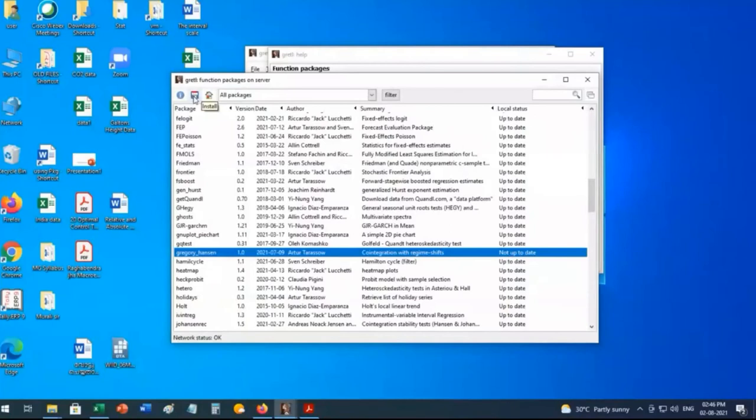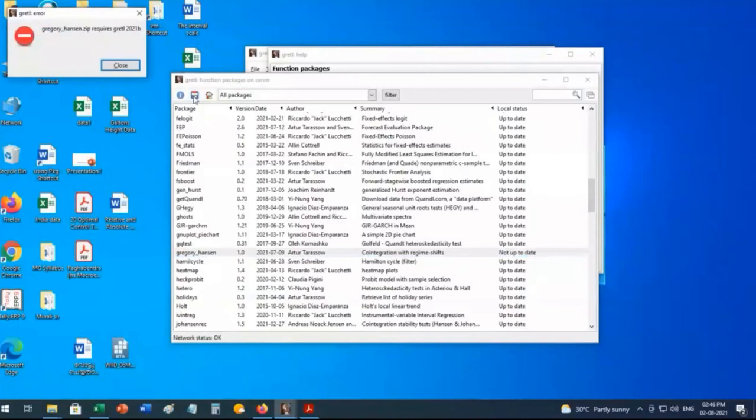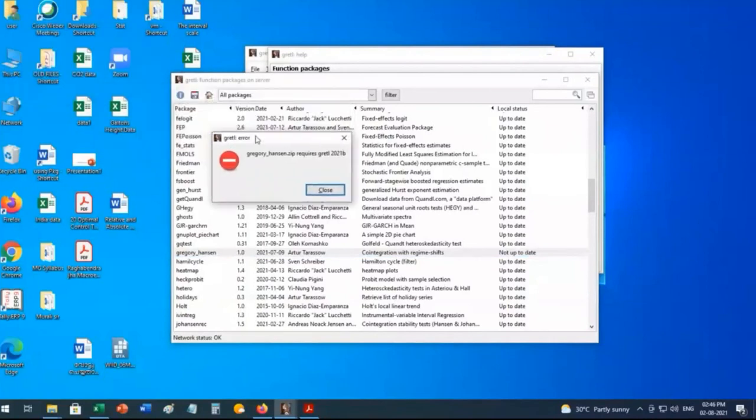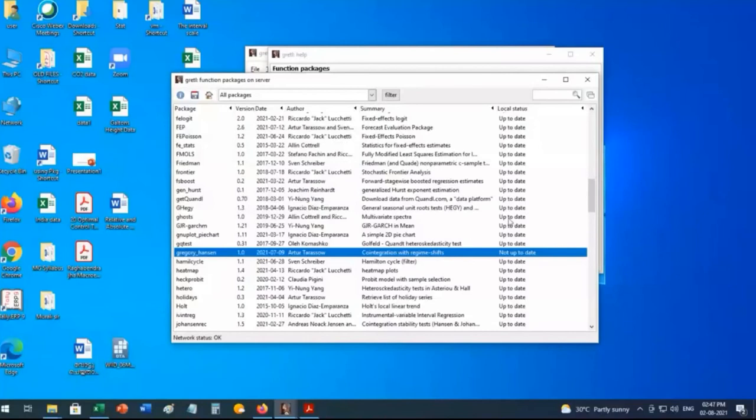So we click it. I think there is some problem, and this happened earlier also. I don't know what this means. There is some problem in installing that particular package. Anyway, this is how we can install or update all the programs like this.